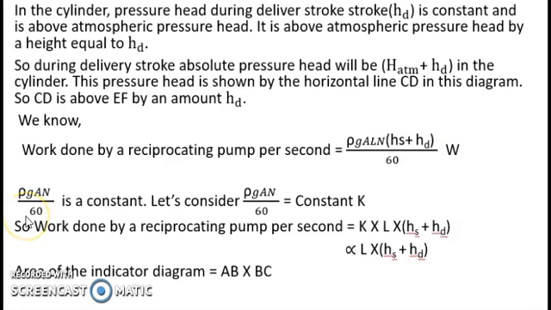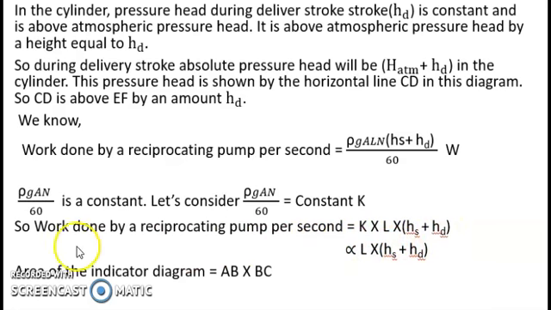We can observe in this expression that the value of rho g A N by 60 is constant. So let's consider rho g A N by 60 equal to a constant K. So work done by a reciprocating pump per second is equal to K into L into (HS plus HD).